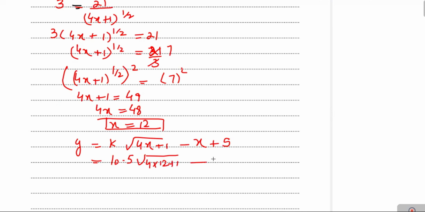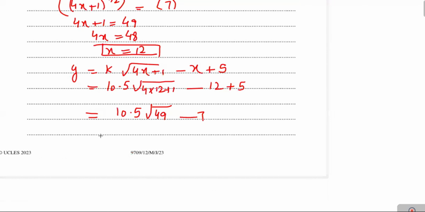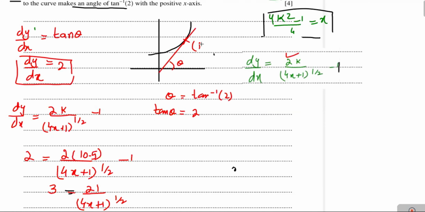So 10.5 into square root of 12 times 4 is 48 plus 1 is 49, minus 12 plus 5 is minus 7, and that's equal to 10.5 into 7, and that's equal to 73.5 minus 7. This value is equal to 66.5, and this is the point. X is 12 and y is 66.5.